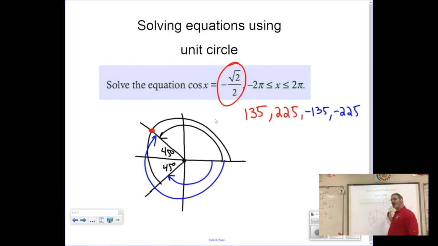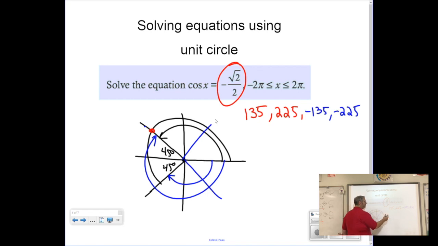However, notice I wrote it in degrees and they gave it to me in radians. So I can't leave it in degrees, I have to change it into radians. Now remember, 45 degrees, if you think about it, here is my 45 degrees, and each one of them is pi/4. So if I'm going this way, this is 1 pi/4, 2 pi/4, 3 pi/4.